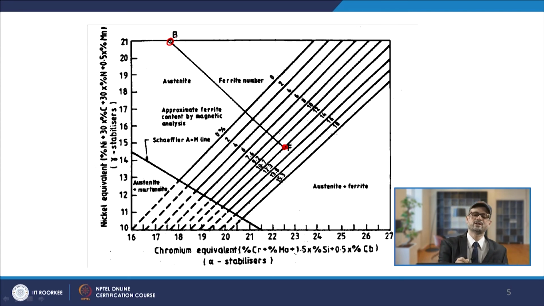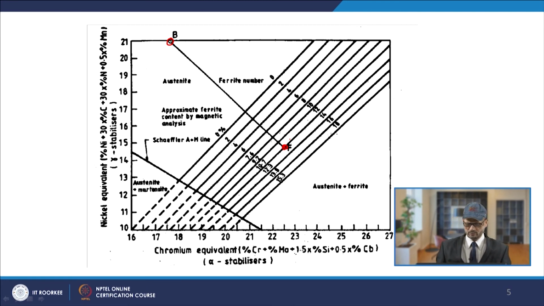This is for the base metal and this is for the filler wire. From this question, the minimum ferrite content you get is 0%, and the maximum ferrite phase is 10.7%. So that is clear by the use of this Delong diagram.